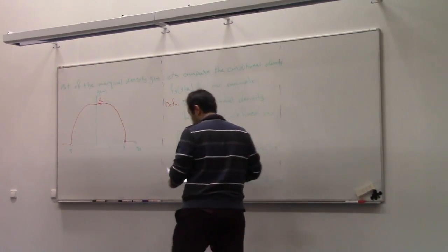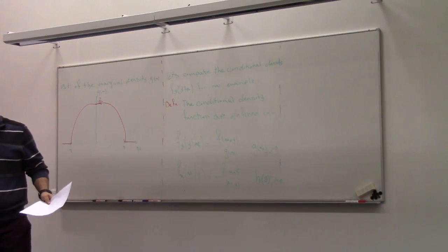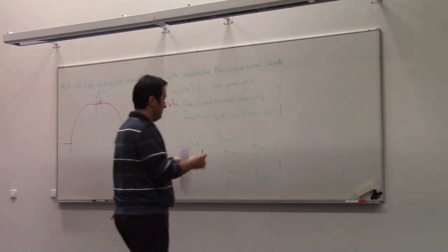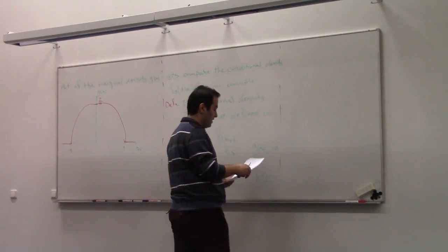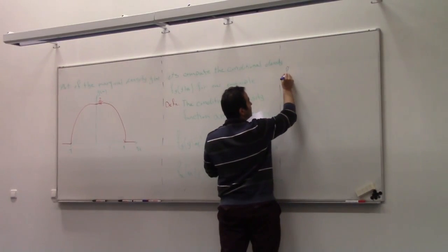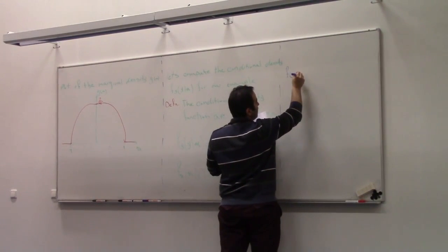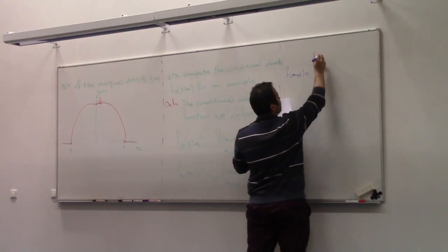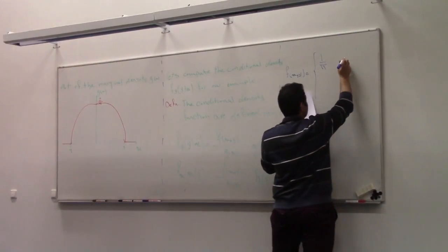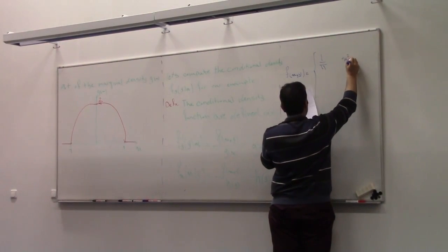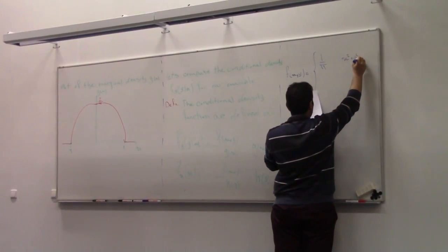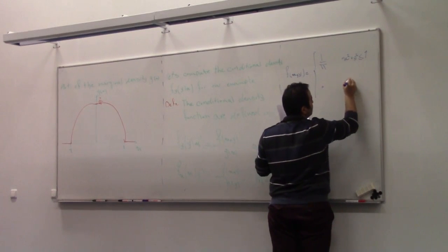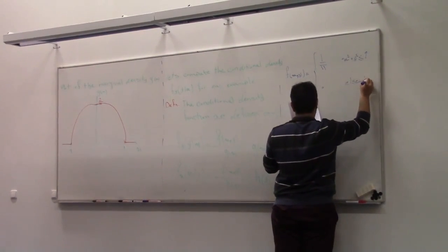Okay, we can write it in this form. From the first function, as you remember, we have a function like this: fxy is equal to 1 over pi when x squared plus y squared is less than 1, and 0 elsewhere.